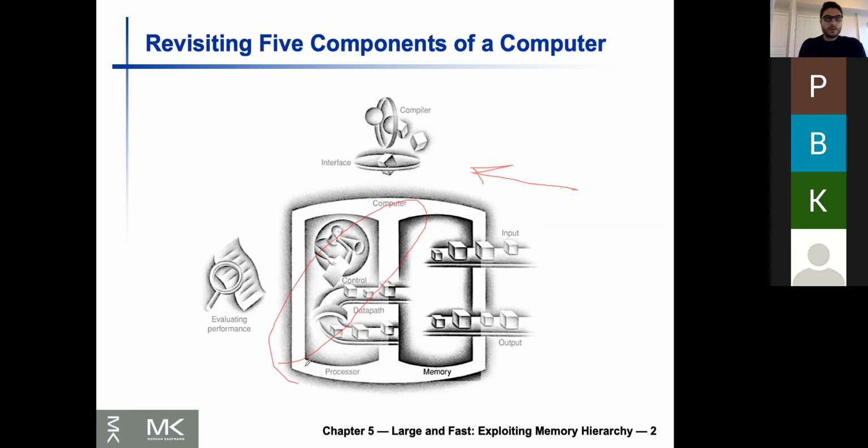You can input data here, and then there is a control module. You saw so many things about it in chapter 4. Those control bits could control your pipeline, and then you have a data path which the data flows into. So input, then a control unit, and inside your processor is where the actual processing and computations happen, right?